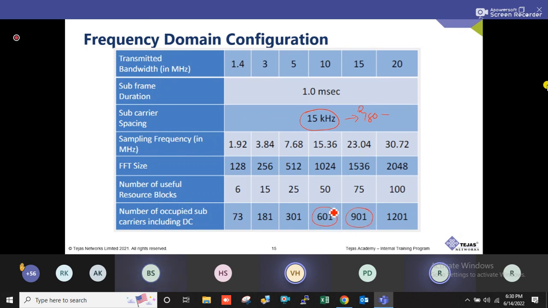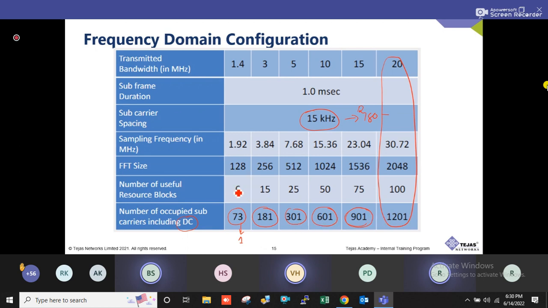Here it will be 600 subcarriers. I hope you understood this part, right? If you have, you can make a relative analogy for the rest. So here it will be 900, here 600, here 300, here 180, and here 72. They have added one extra here, which is a DC unit, so if you subtract it out, you get these numbers.